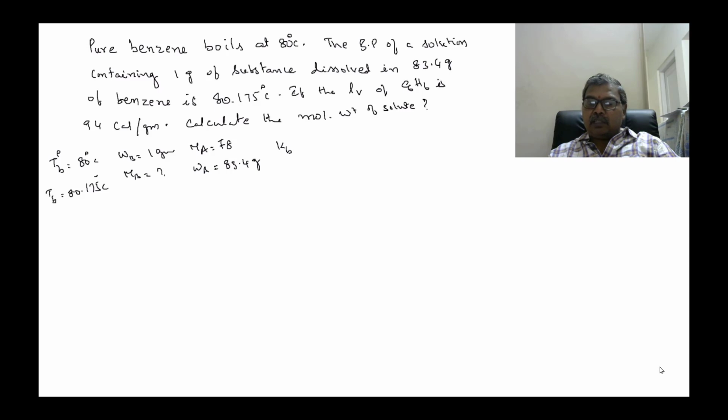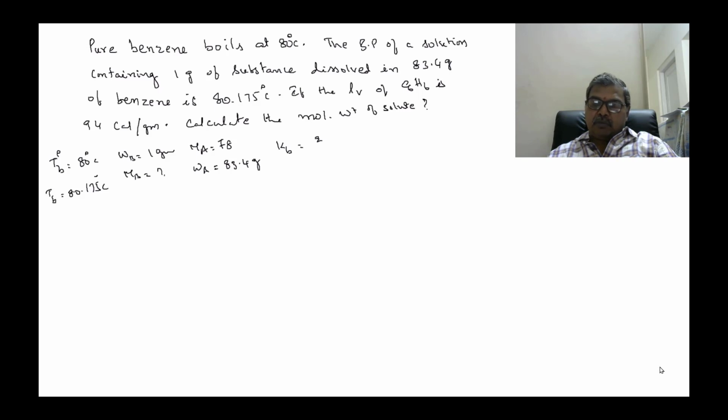Kb of the solvent is not given, but the information is given: Lv, latent heat of vaporization, is 94 calorie per gram.